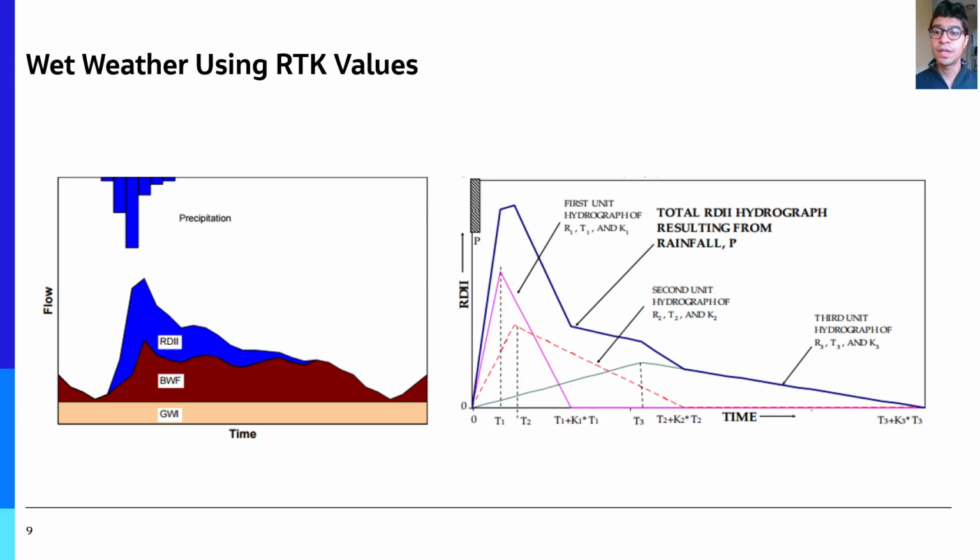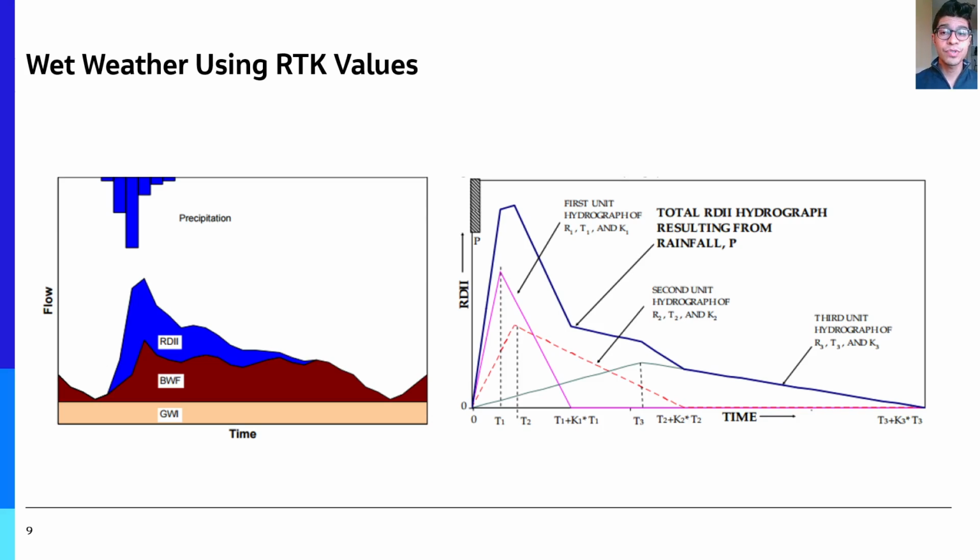And there is another blue part, RDII, or rain-driven infiltration and inflow. You can see there is a correlation with that rainfall coming from the top, which is precipitation. So when there is a precipitation, there is going to be a rain-driven response in the sanitary system as well.